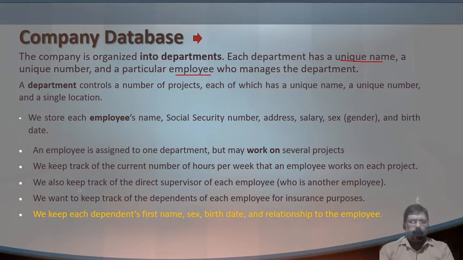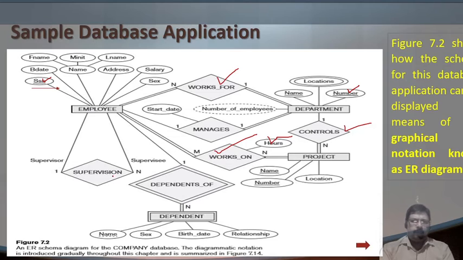Then we also keep track of the direct supervisor of each employee. Here in the employee table we have an SSN number and the MGR SSN number in the department table, which we linked using the alter command. Means the MGR SSN number will have a foreign key in the department table, and the SSN number will have a primary key.